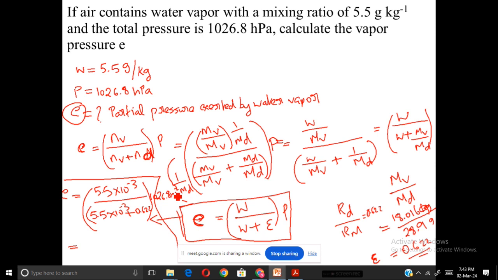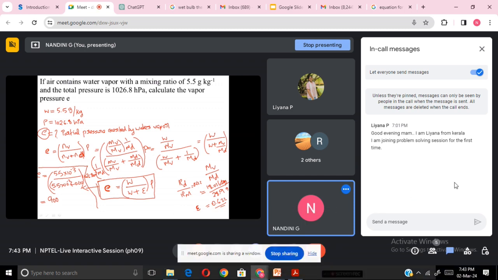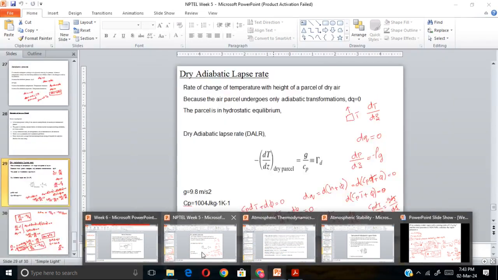Yes, 900. What will be the unit? We calculated pressure. What is the unit of pressure? Yes, the unit of pressure is pascal.